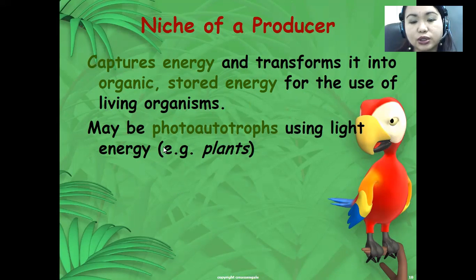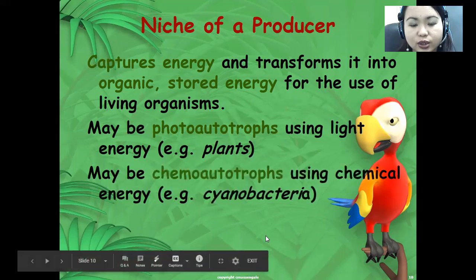They could also be photoautotrophs, using light energy, like plants. Autotrophs can be photoautotrophs or chemoautotrophs if they use chemical energy, like the cyanobacteria.